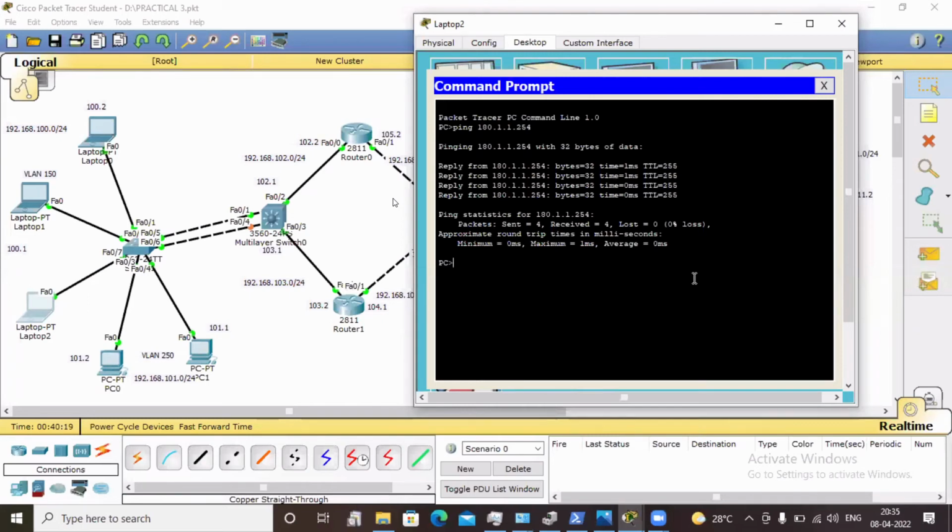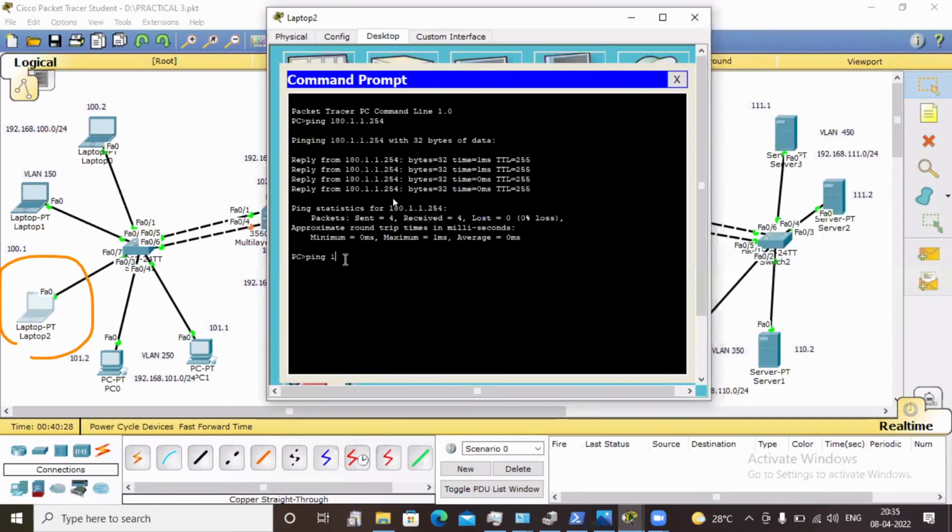From this machine you should be able to ping all these servers, which are available in VLAN 450 and 350. Request is getting timed out.